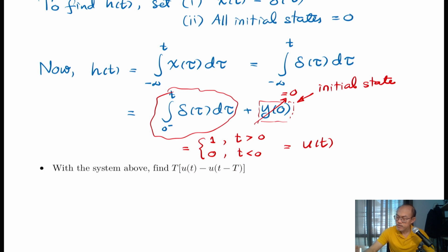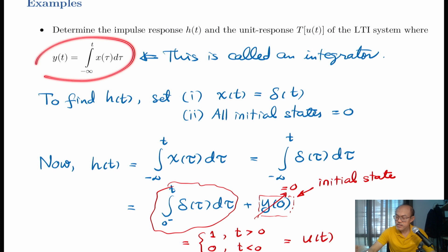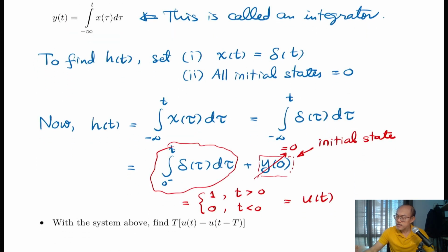So we have that the impulse response of the integrator defined here is the unit step signal. So h(t) is u(t).